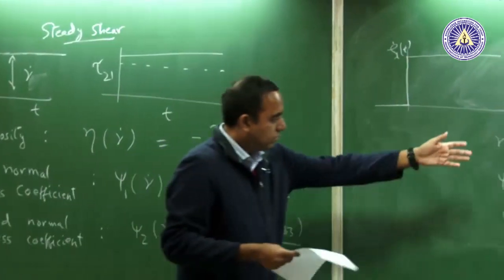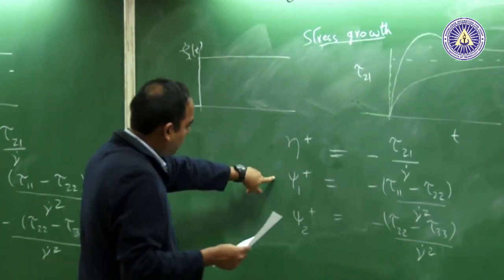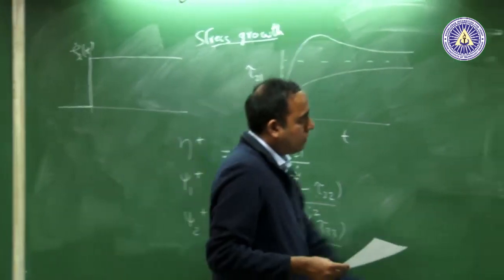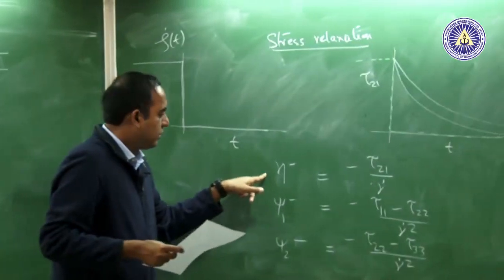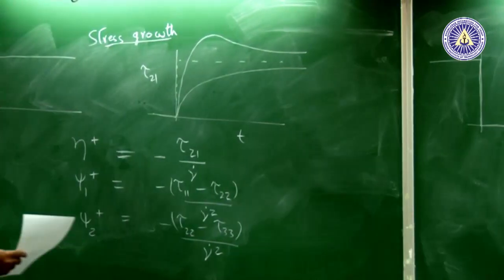So, you will notice that these are similar experiments and the equations are similar. What this is called is shear stress growth coefficient, first normal stress growth coefficient, second normal stress growth coefficient, and these have similar names. Instead of growth coefficients, these will be decay coefficients. I am not writing the names because the names are long, and it does not really hurt by just saying it.